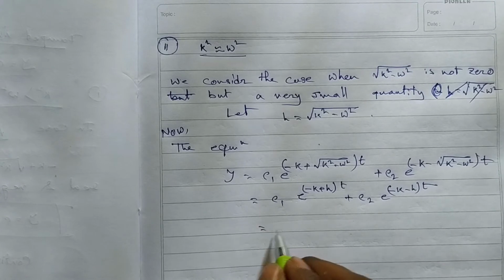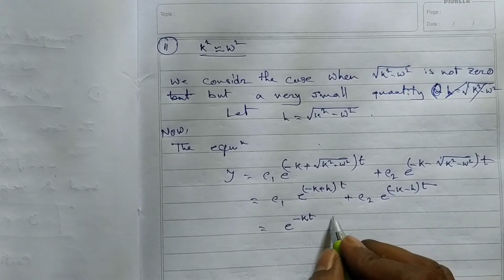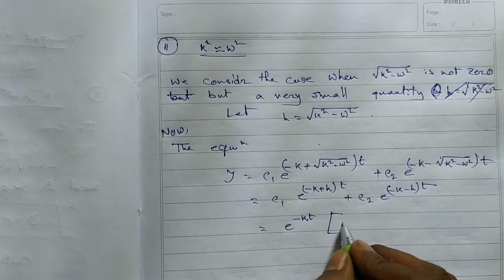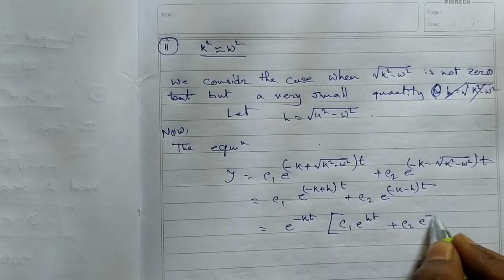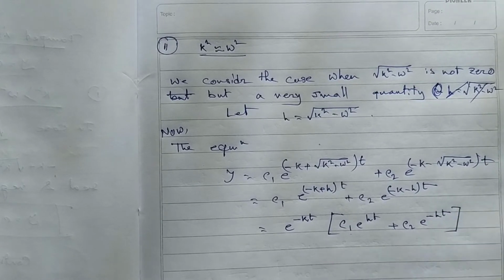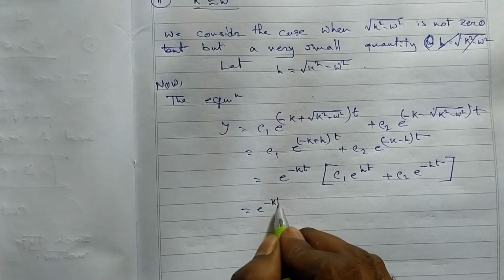Clear? We take out minus kt, so in between c1 e to the power ht plus c2 e to the power minus ht. Clear? So e to the power minus kt.